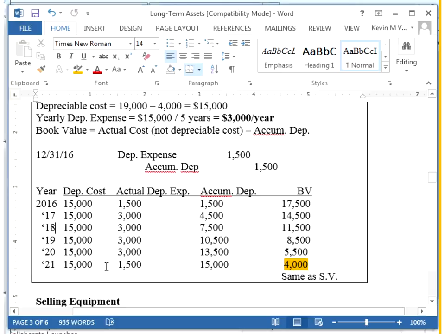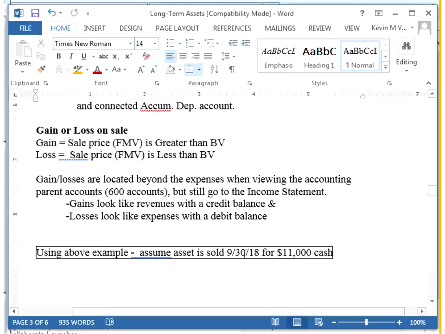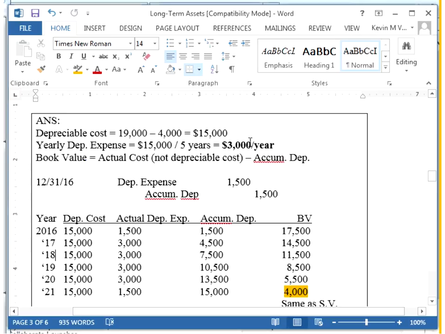Now I need to go in and show the 2018 journal entries. I can't just jump right to the sale because I actually used the equipment for part of the 2018 year. I used it all the way up through September, and if I used it, I have to depreciate it for that amount of time. So if I have a $3,000 a year depreciation, how much am I going to depreciate if I only used it through September?